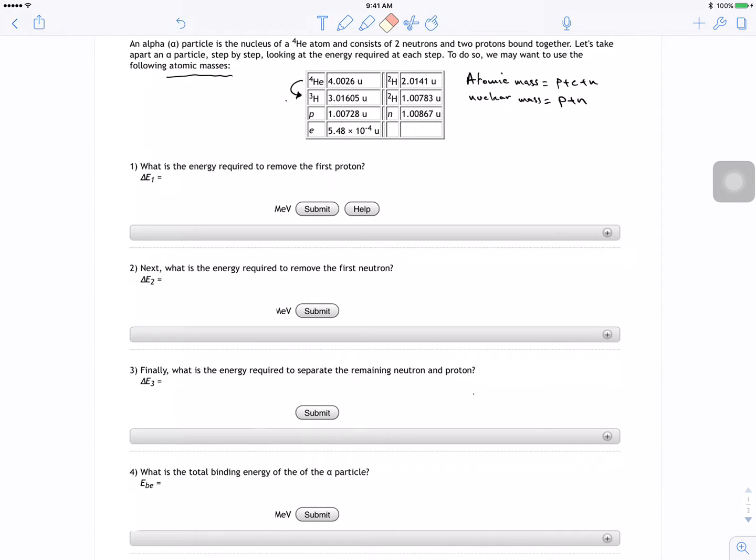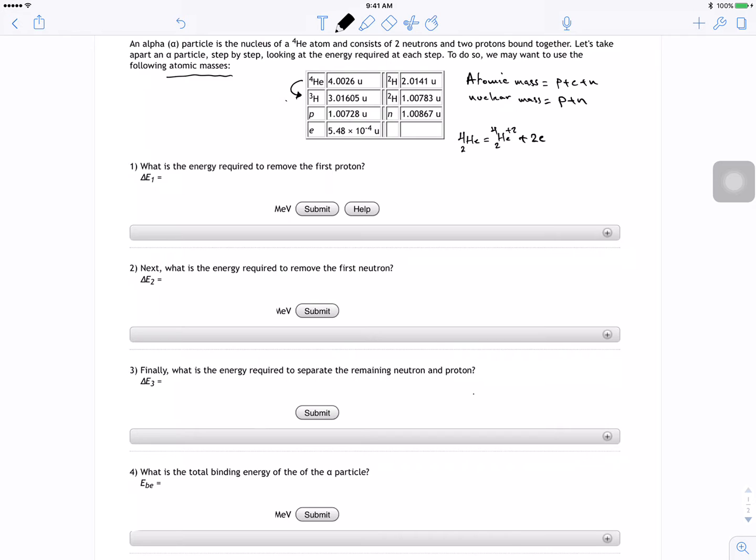The first thing we do is take the electrons off helium-4. This one has 2 protons and no charge, so there are 2 electrons in it. So helium-4 equals He 4, 2 plus, plus 2 electrons.